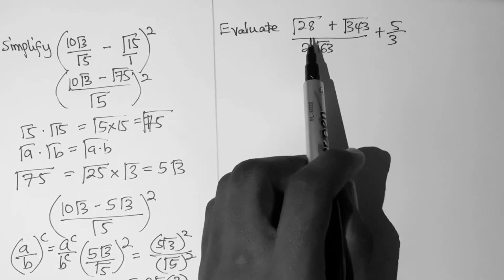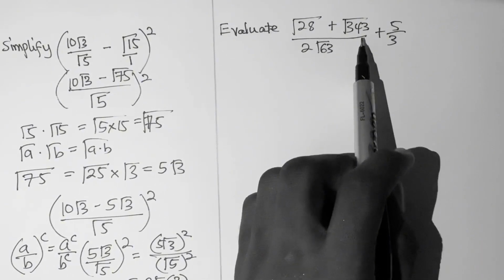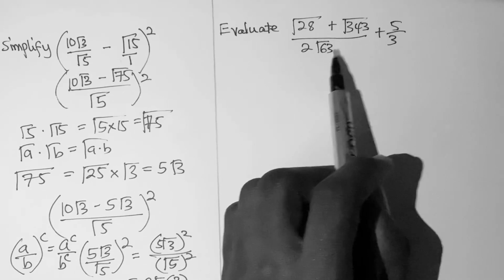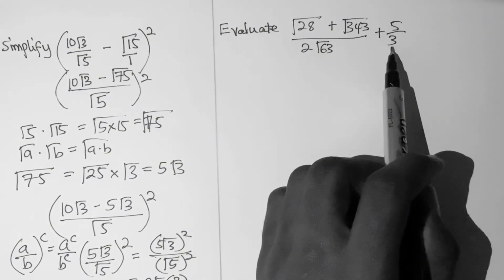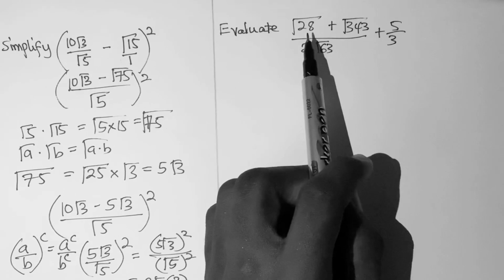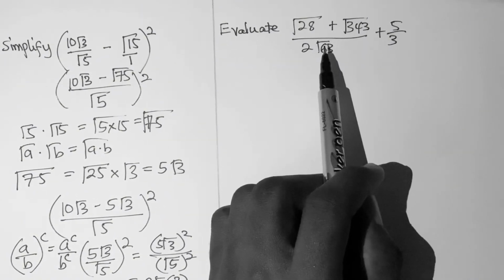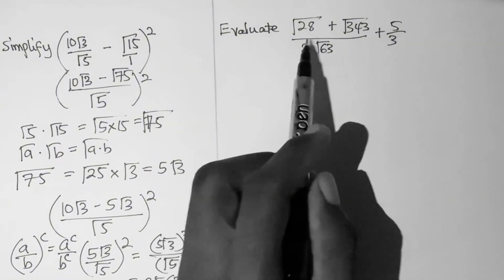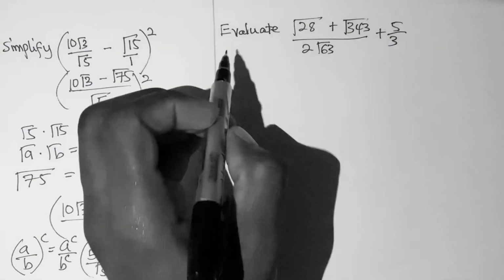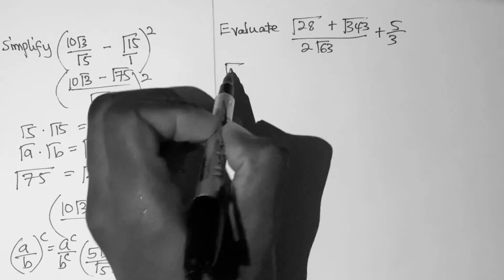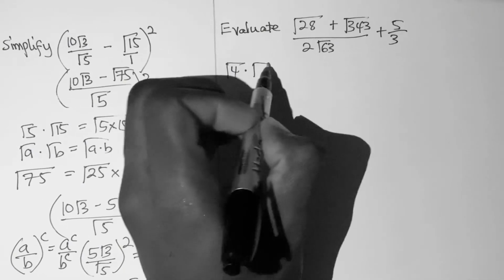Evaluate root 28 plus square root of 343, divided by 2 root 63, plus 5 over 3. So just as we established earlier, reduce everything in the square root into its simplest form. So 4 times 7 is 28, so this becomes root 4 times root 7.